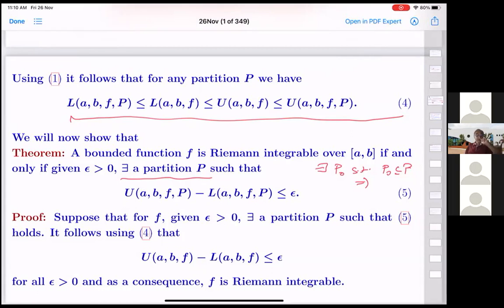As I have stated earlier also, and tried to stress, in mathematics, especially this formal way of doing mathematics, you should be able to write the proofs the way I have written, and you should also be able to explain the theorem in an understandable language, rather than saying, given epsilon positive, there exists a partition P such that UABFP minus LABFP is less than or equal to epsilon.